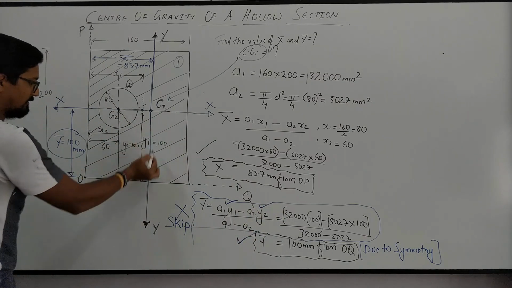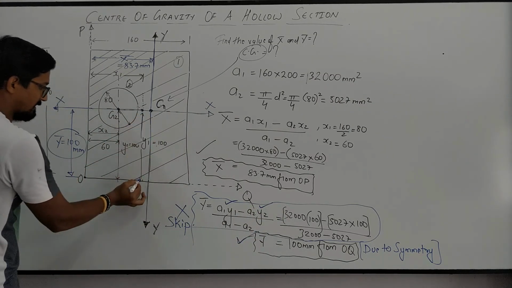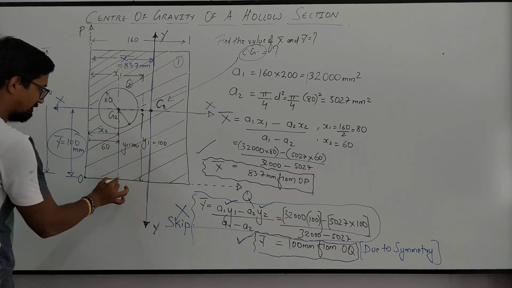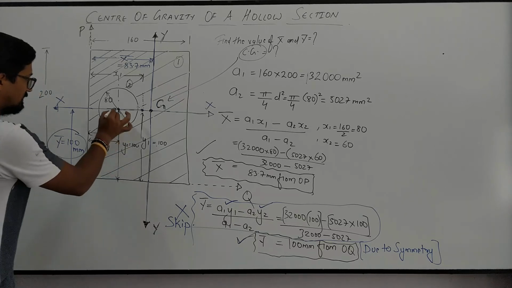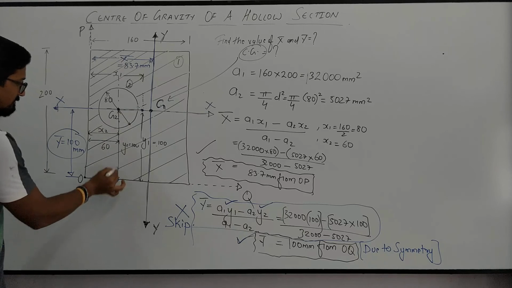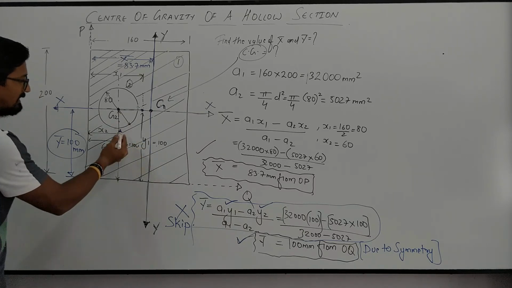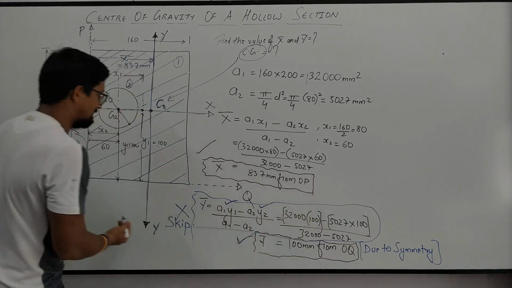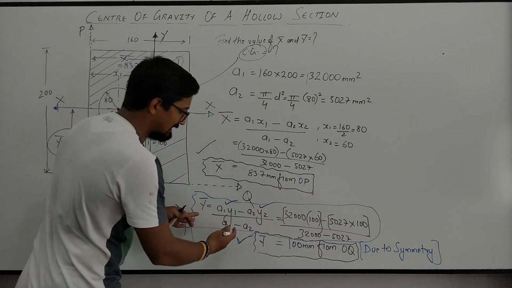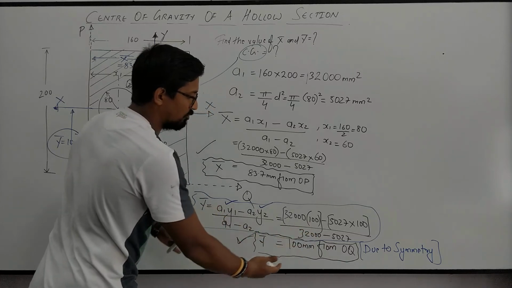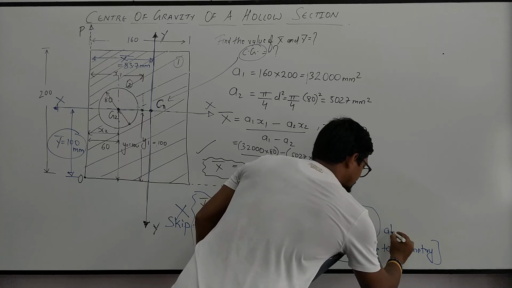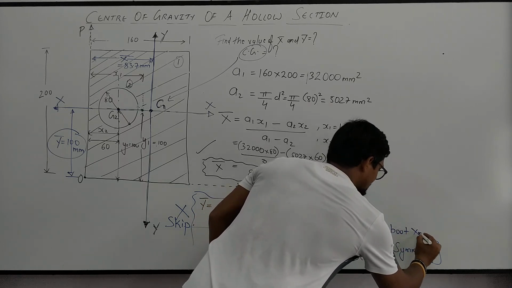Y1 is equal to 100, the distance from the base to the rectangle's CG, and from OQ to the circular section's CG point. So both distances Y1 and Y2 are the same, therefore our Y bar will be the same. That's why we don't have to do all this calculation, and we can directly write Y bar is equal to 100 mm from OQ due to symmetry. And about which axis? About the x axis.